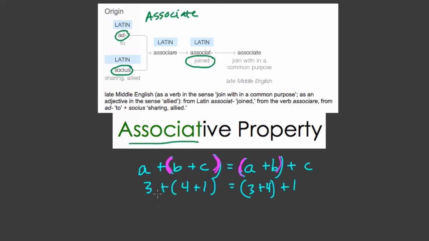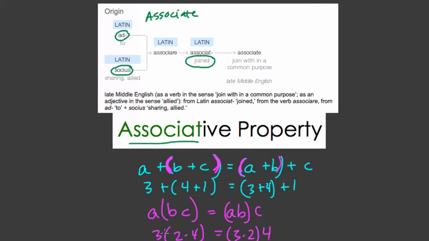And the same is true for the associative property of multiplication. Let's say we have A times B times C. Well, we can multiply B times C first and then multiply it by A, or we can multiply A times B and then multiply it by C, or we can, if we have more terms, we can switch this up as well. So here as a number example, if we have 3 times 2 times 4, right, is that the same thing as 3 times 2, and then that product times 4?